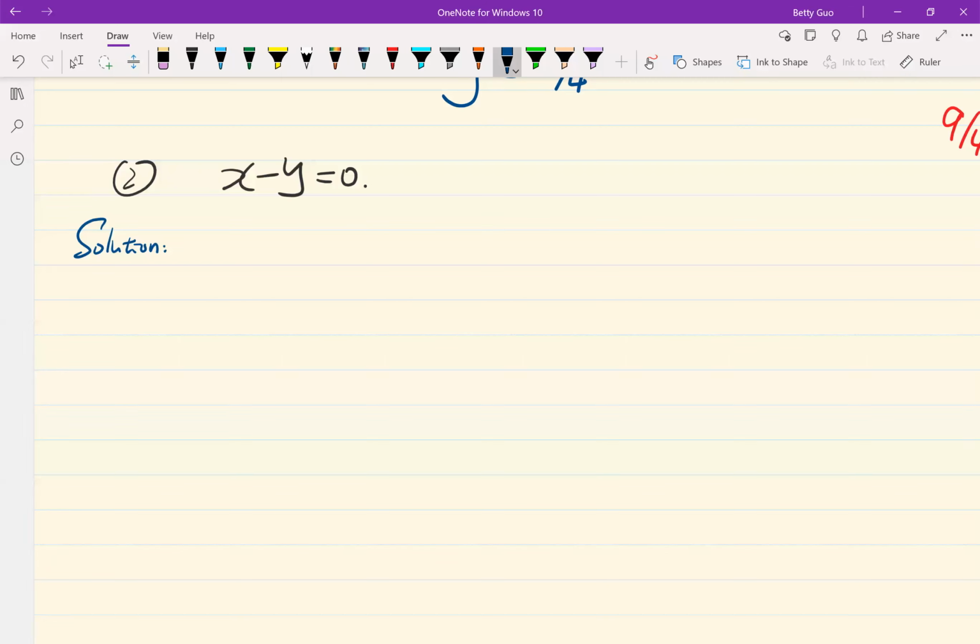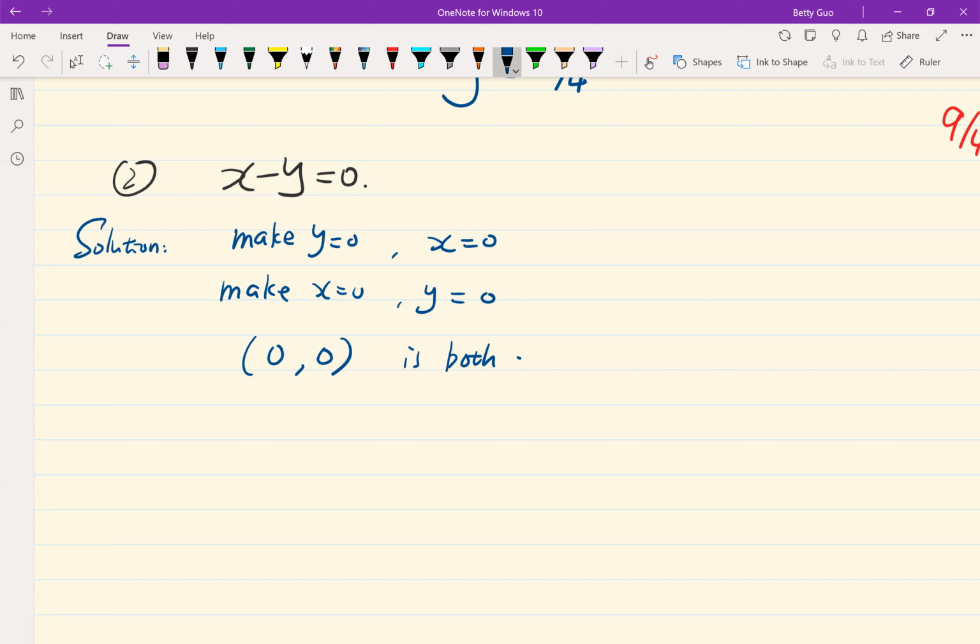So what do you have? This one is pretty special. Turns out when you make y be 0, you have x equals 0. When you make x equals 0, you have y equals 0. So the x-intercept and the y-intercept are both 0, 0.